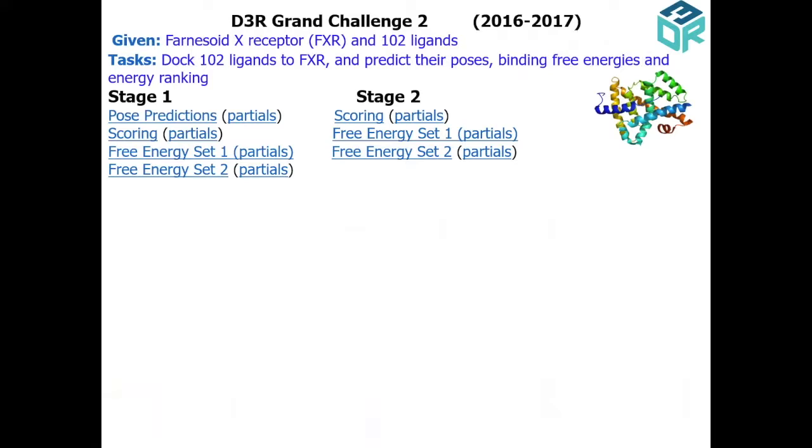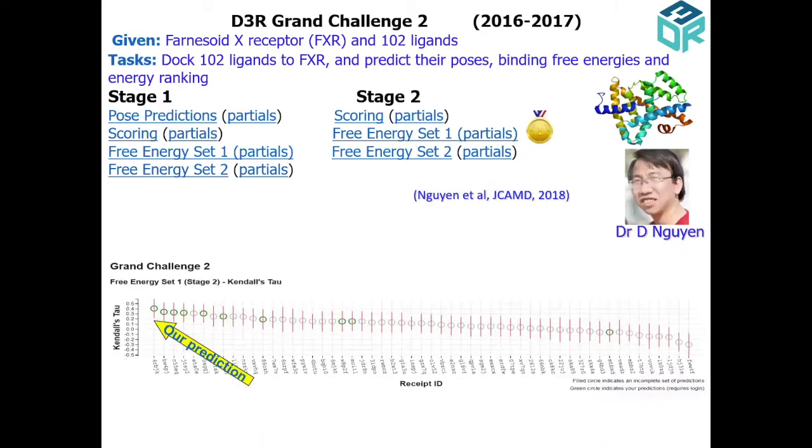So before I go any further, I'd like to review what we did in the past few challenges. We started in 2016. At that time, we didn't know anything about docking. So what did we do? We said, okay, we don't know how to do docking, so we just came up with a machine learning method, with deep learning and with pose and also free energy evaluation.